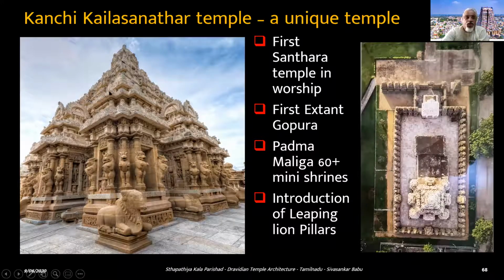In addition, in the temple itself, the normal koshtas are expanded and then put in as Anga Alayas. Around 7 additional Anga Alayas are there, which lends stability. This technology is further improved in later periods. And they introduced the leaping lion pillars.